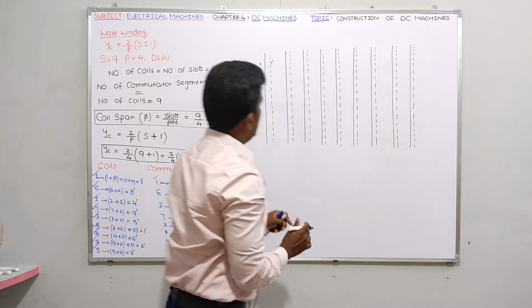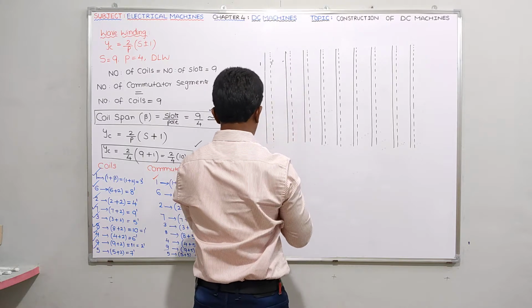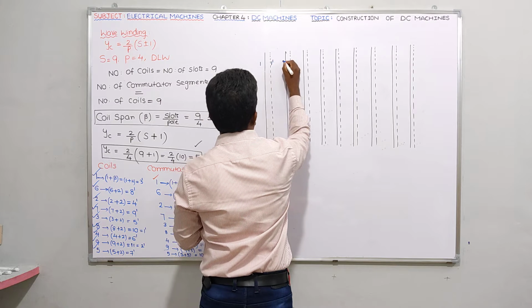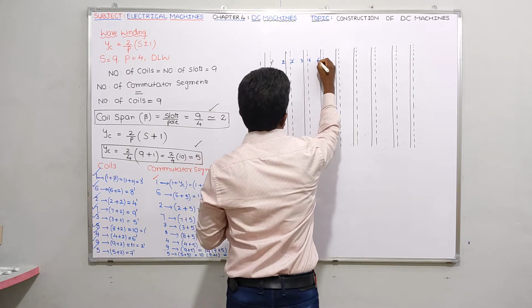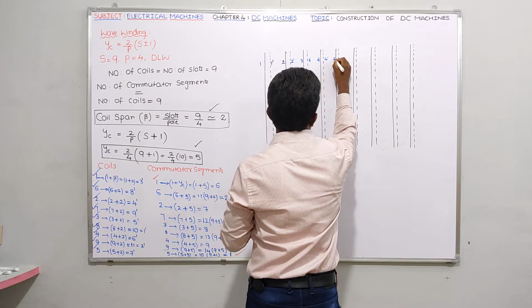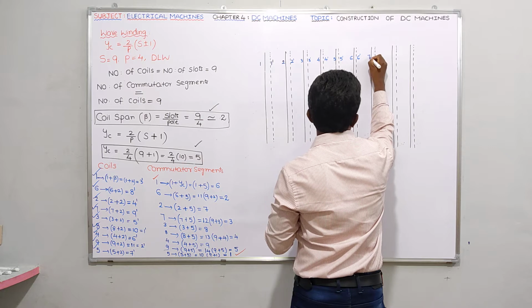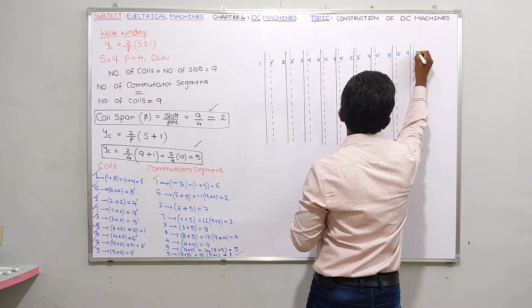Okay, so I had taken the 1 dash coil side here, and let me use a different color: 1 dash, 2 dash, 3 dash, 4 dash, 5 dash, 6 dash, 7 dash, 8 dash, 9 dash.